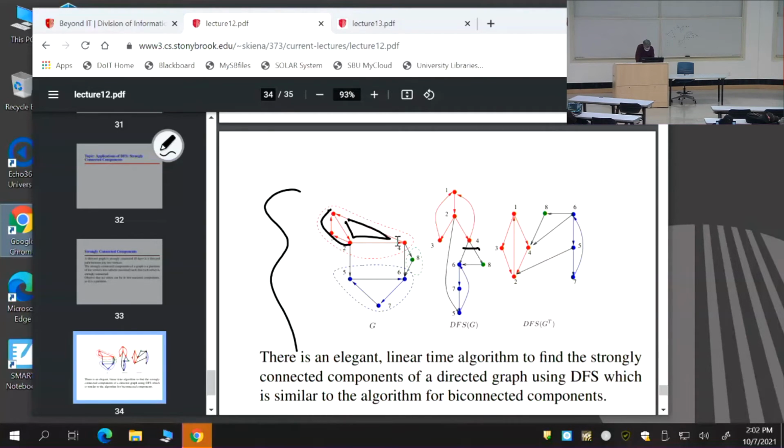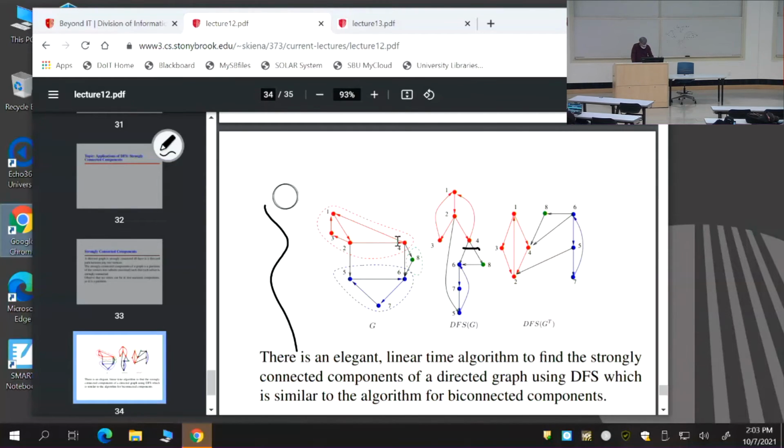This vertex, I found the cycle, ka-chunk, ka-chunk, ka-chunk. And then there was an edge from this component down to another separate vertex, and that one down. So I end up with a bunch of components and a non-cyclic graph, a DAG, between them.